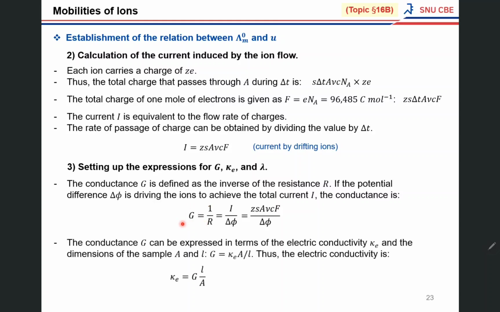And going through the definition for electric conductivity, if you multiply by L and divide by A, the cross section, then you will get the electric conductivity, which should be z s nu C F L divided by the potential difference.